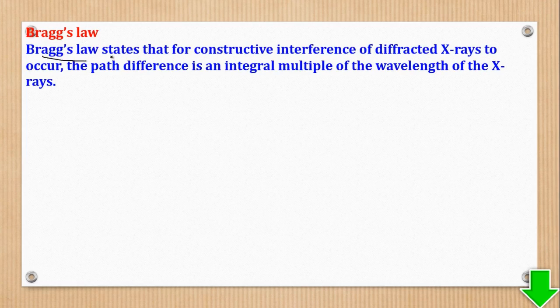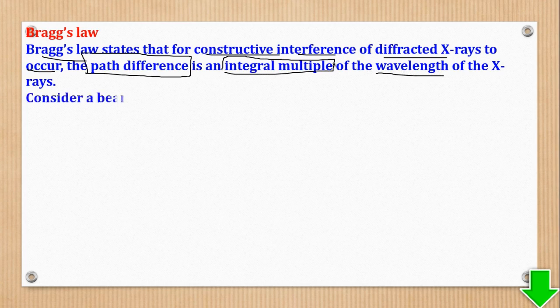Bragg's law states that for constructive interference, so interference can be constructive or destructive, for constructive interference of diffracted X-rays to occur, the path difference is an integral multiple of the wavelength of the X-rays produced.